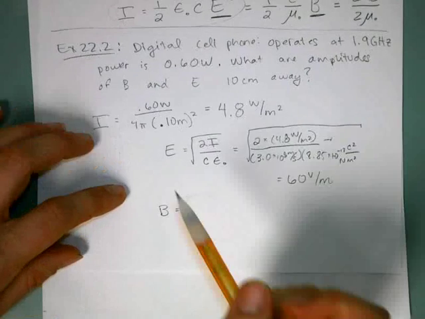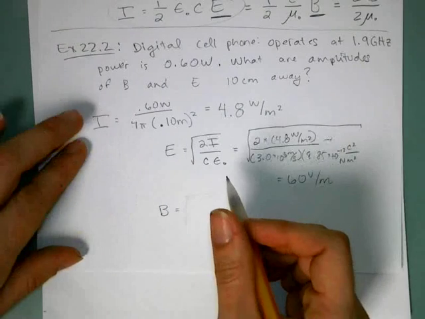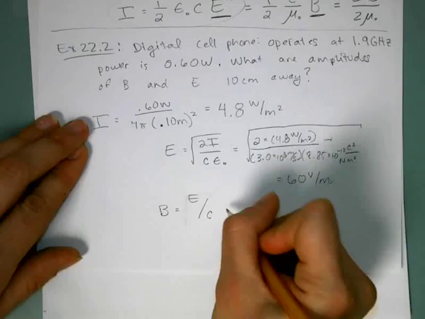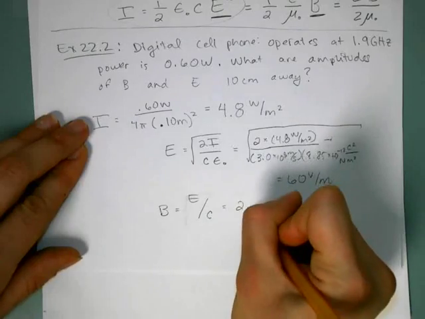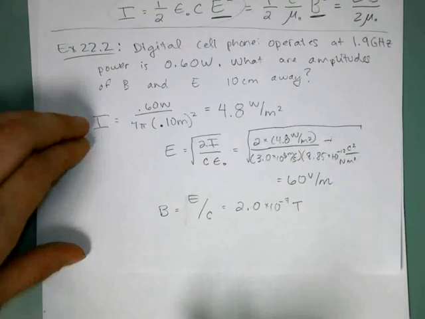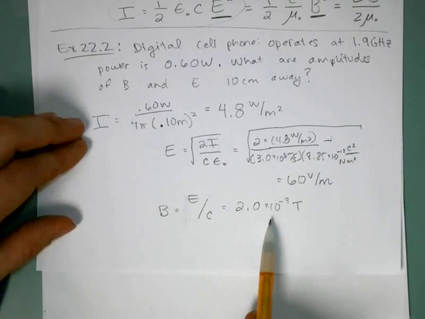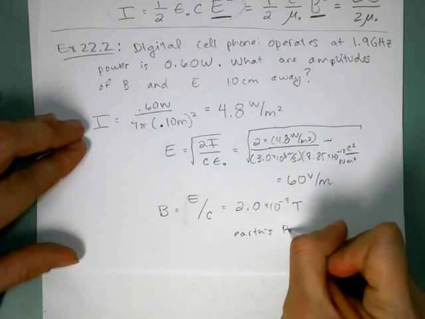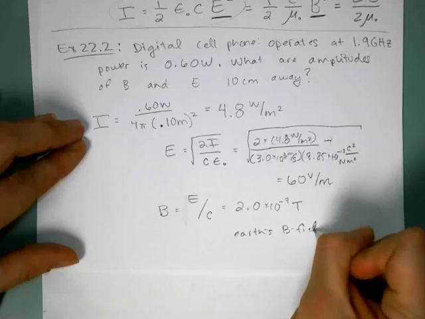I'm just going to use this equation because that'll be easier. But this equation here would get you the right answer as well. But this one's going to be a little simpler. So I will use that B is the electric field divided by the speed of light. And that ends up being 2 times 10 to the negative 7th Tesla.